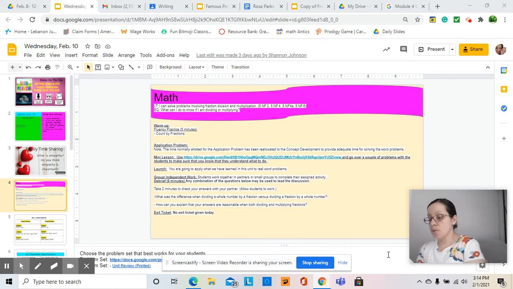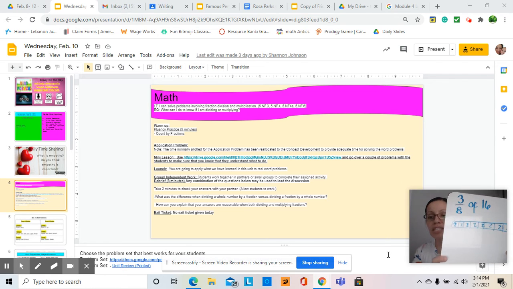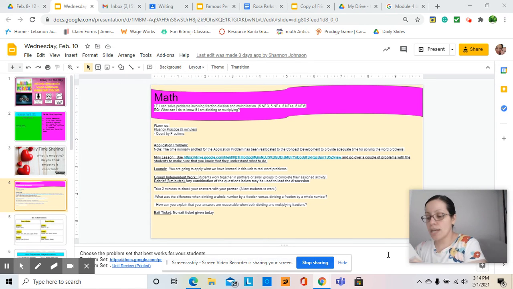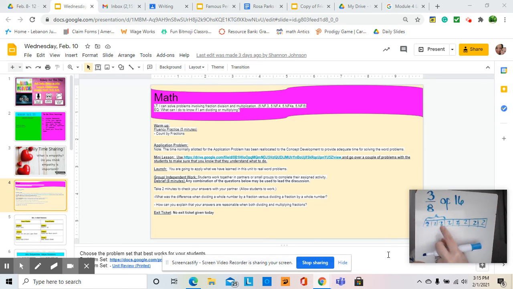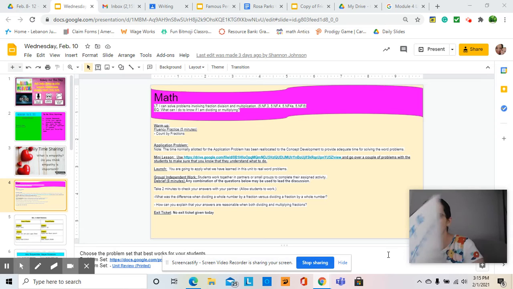Now, if the top number, the numerator, said, well, what is 3/8 of 16, then I would look at 3 groups. That's my focus, looking at 3 groups. And all I need to do is say 2, 4, and 6. So 6 is 3/8 of 16.